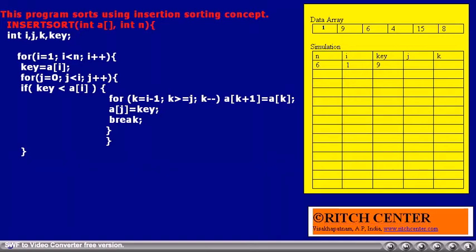Key value is 9. We will compare this with all the elements before I. Incidentally, in this example there is only one element, its value is 1. As 1 is less than 9, the array is already in ascending order till I. Thus we do nothing.